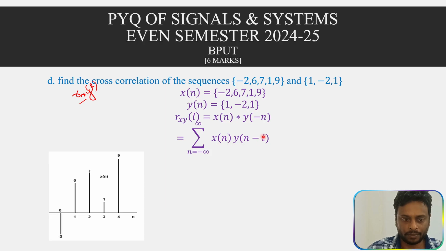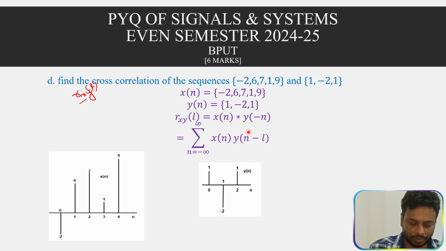So now this is the graphical representation of x of n. Then it is y of n. So let us check what is the starting point and the ending point of our cross correlation. So this is y of minus n. So y of minus n can be found out as you can see. This is our y of n, so this is the starting point.